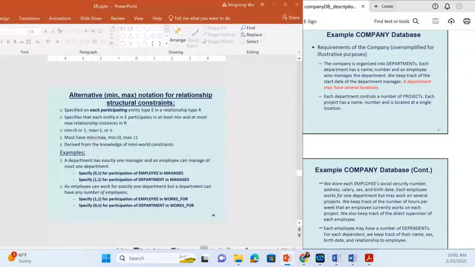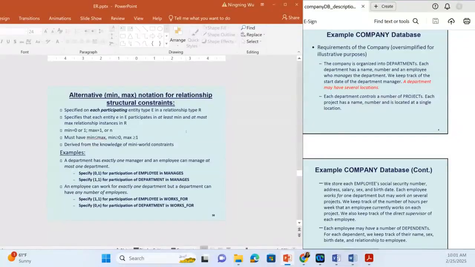So this shows an alternative minimum maximum notation for the relationship constraints. Here I want to emphasize that when you design your database, you can either use the minimum maximum notation or a combination of the participation constraint and cardinality ratios.